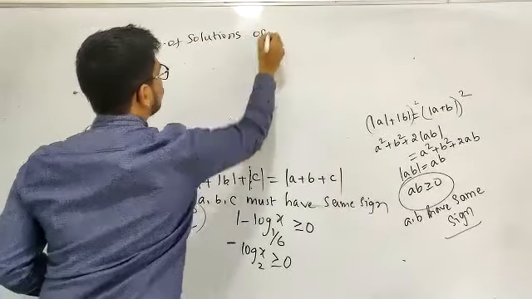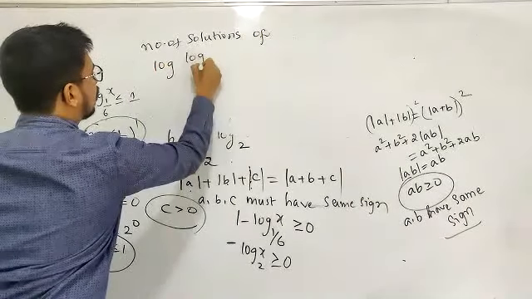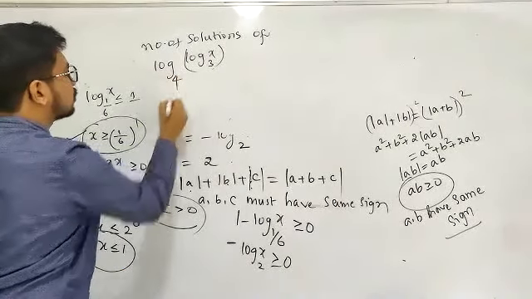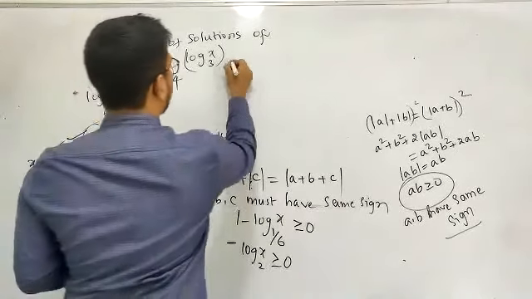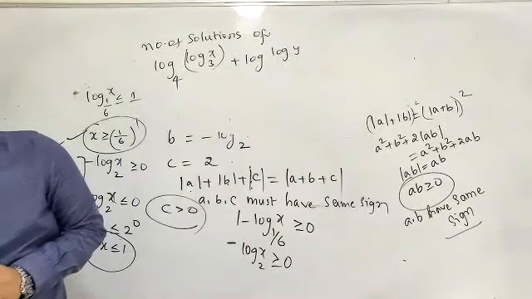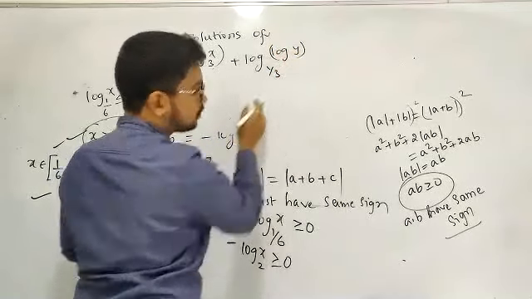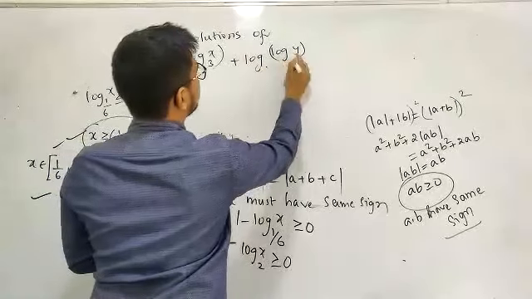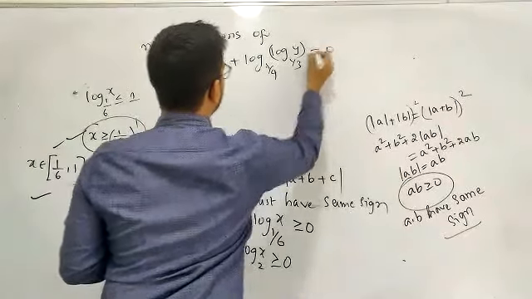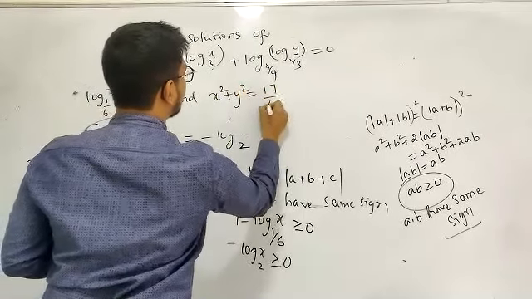The number of solutions of log of log x to the base 3 to the base 4, plus log of log y to the base 1 by 3 to the base 1 by 4, which is equal to 0, and x square plus y square is equal to 17 by 4.